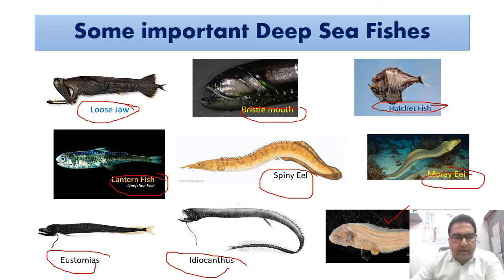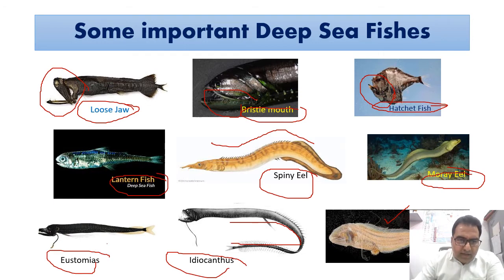One of the important characteristic features of all these fishes, besides many others which we shall talk about one by one later on: their mouth is very large, they have strong teeth, and their body is very much modified. Many times their body is elongated and ribbon-like, and many times they also possess filament-like structures in the form of elongated fin rays or fins.